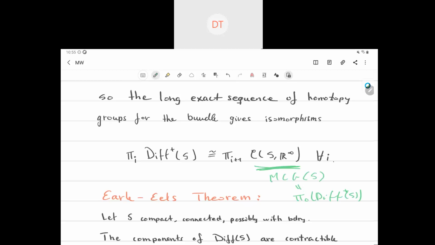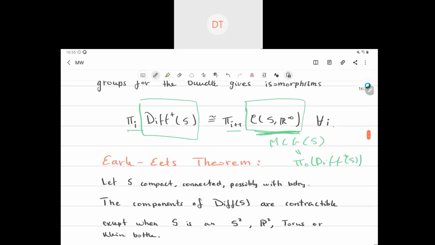So being an Eilenberg-MacLane space of MCG(S) means that pi 1 of this thing, of the configurations, should be isomorphic to pi 0 of Diff. So hopefully this is clear. That's what we want to show, that this is an Eilenberg-MacLane space.